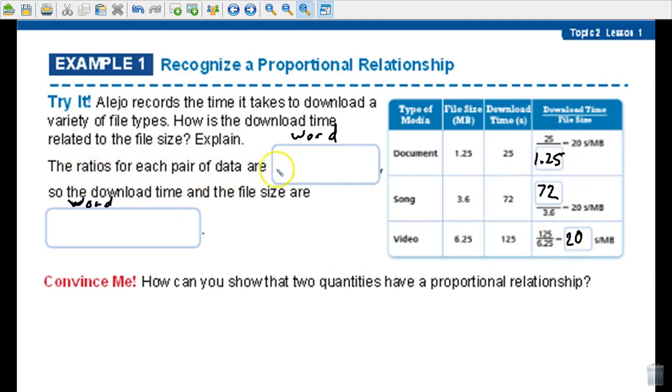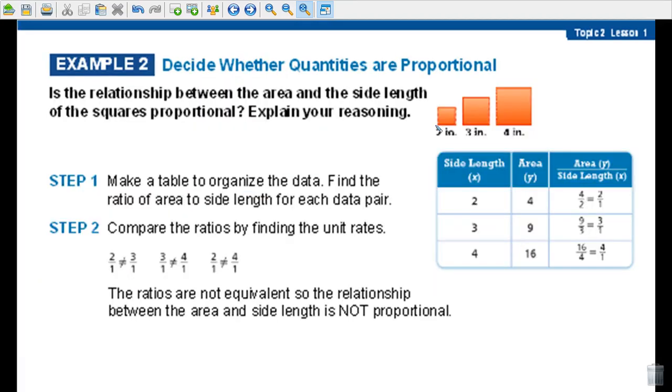The ratios for each pair of data are, you guessed it, equivalent. So the download time and the file size, the two quantities, if the ratios are equivalent, the two quantities are proportional. Perfect. Okay, you can pause it and write everything down if you need to. But let's move on.